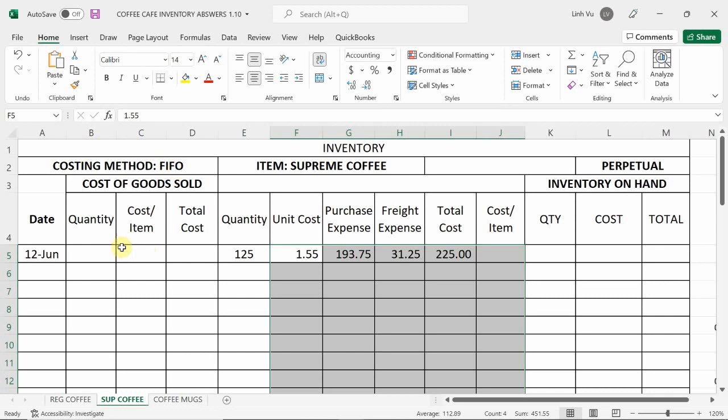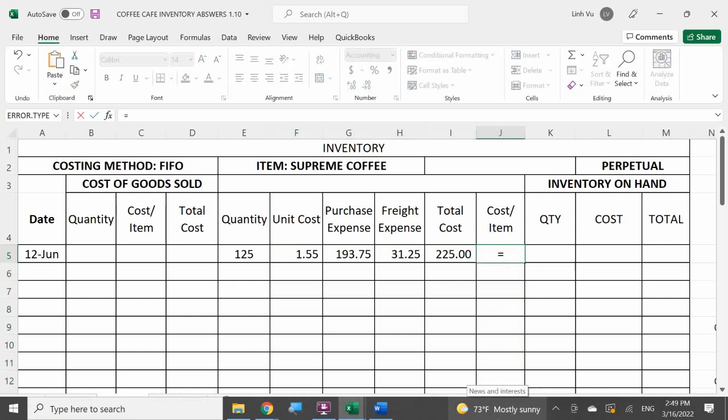So because we're using FIFO, I need to solve for my cost per item for this batch of inventory. $1.80.